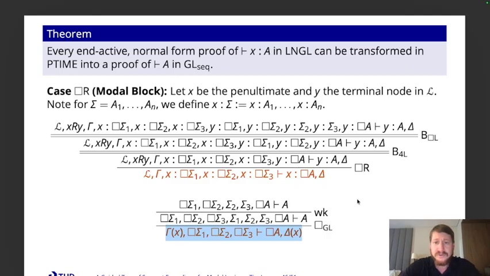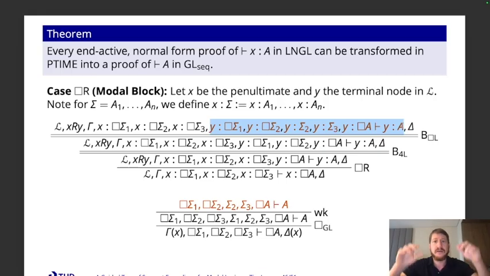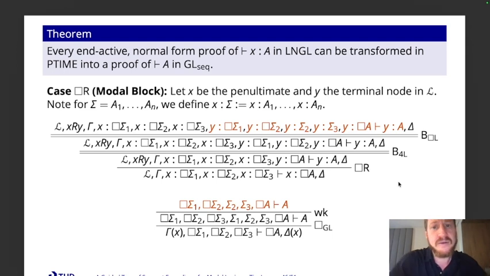I notice that the end component of the premise of this modal block, shown in orange here, can be obtained in the Gentzen setting by bottom-up applying GL followed by weakening. Right? This data here is effectively the same as the data here. And by just continuing this process in the line sequent calculus, I can effectively construct a Gentzen sequent proof as the output. Right? So that's how this theorem works.